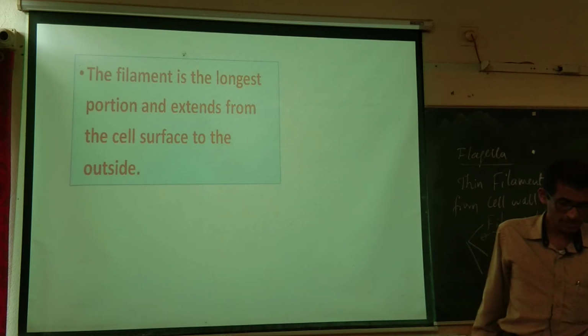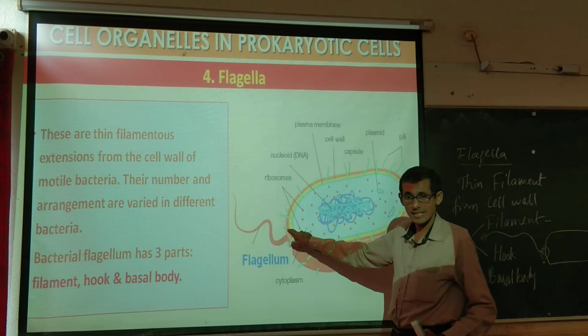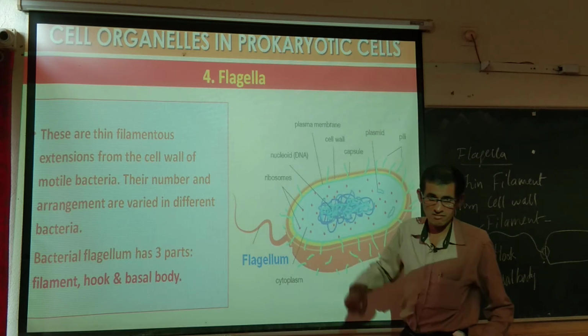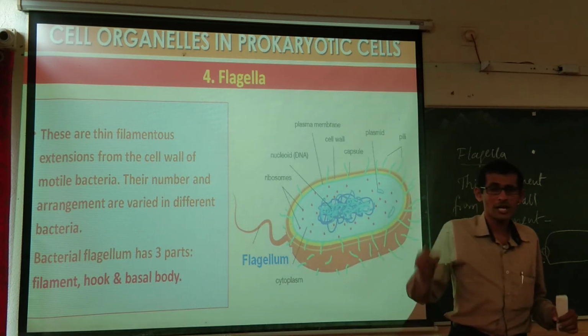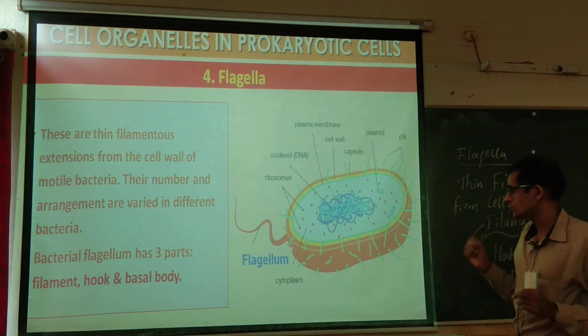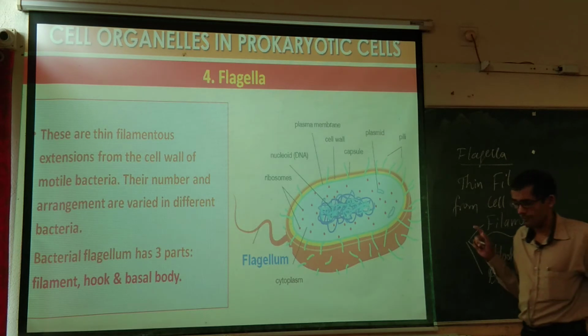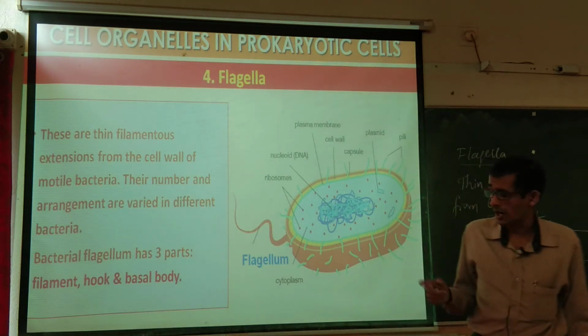The flagellum attaches to the outer wall of the cell of that bacteria through the basal body. So, the basal body is important for the function of attachment of the flagellum to the main cell wall of the bacteria.